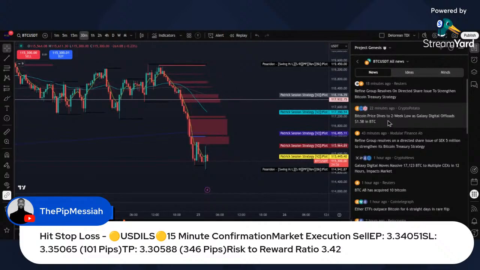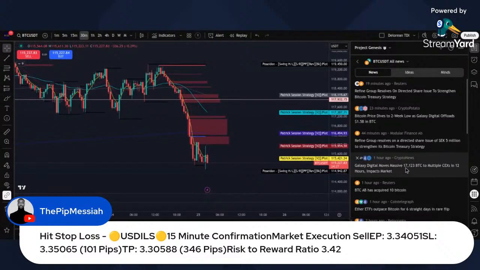We also had a Bitcoin whale on Tuesday offload the largest one-off sale of Bitcoin in history, with 80,000 Bitcoin being sold. The previous record was 3,700 Bitcoin. So we have more continued outflows of cash from Bitcoin. So Galaxy Digital moved 17,123 Bitcoin.